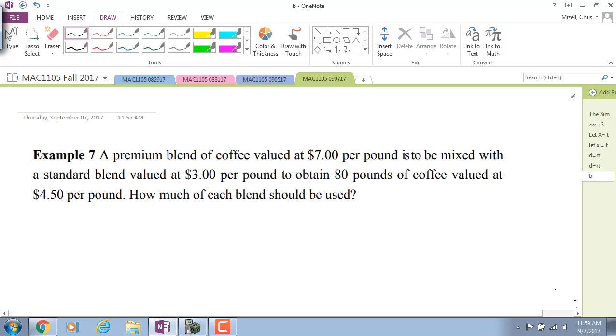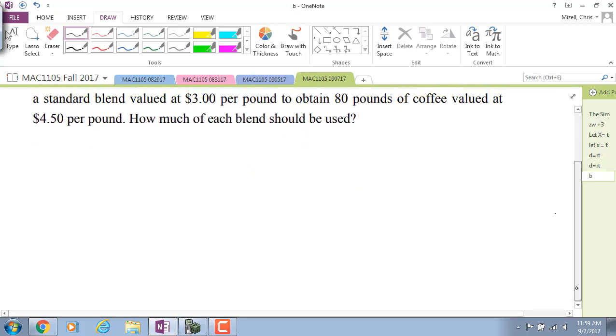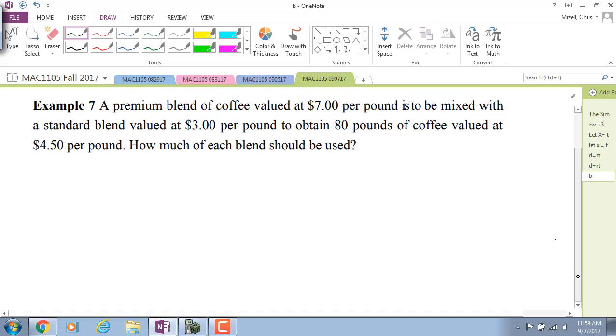So if we want to go with the one variable approach, we let x equal the number of pounds of premium blend, standard blend. Anybody have a preference? Standard. All right. Let x equal the number of pounds of the standard blend.